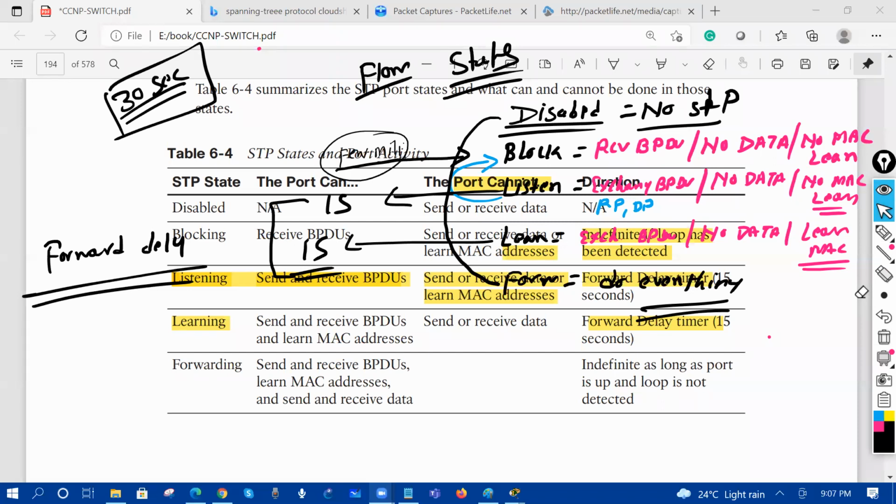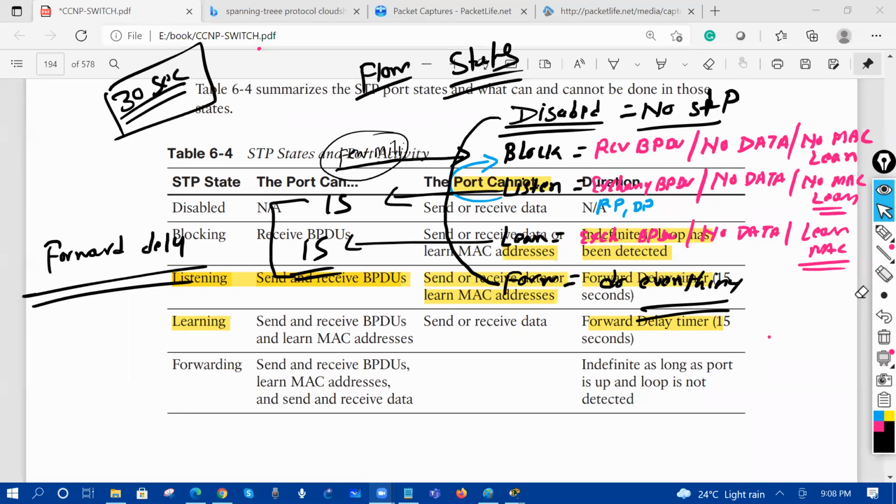So to bring the interface up and put it into the forwarding state, spanning tree will take 30 seconds. It means that for 30 seconds, you don't have communication between one user and another user. Can you see the 30-second delay? It's a huge delay.